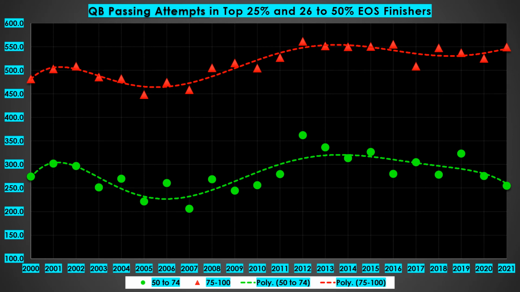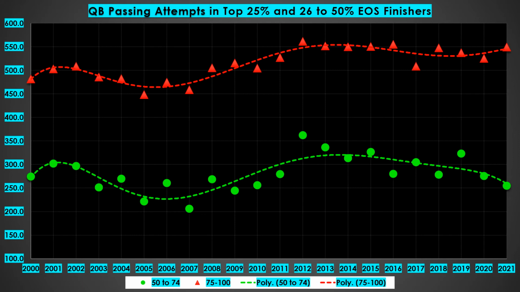So passing attempts are higher in the top quarterbacks, and we've seen kind of a nice shift up, but I do know the last couple of years have seen some declines even below what we've seen previously in the 50th to 74th. So that just kind of concerns me, this difference here.